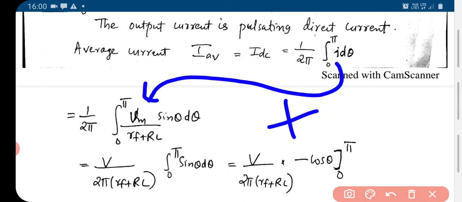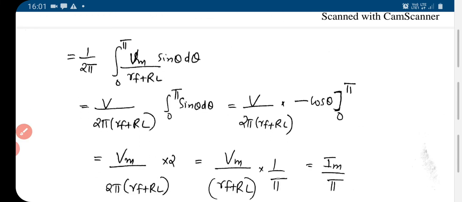The limits are from 0 to pi, because the current exists only from 0 to pi. From pi to 2 pi it is 0. So we have Vm over 2 pi into Rf plus RL, integral 0 to pi sin theta d theta.